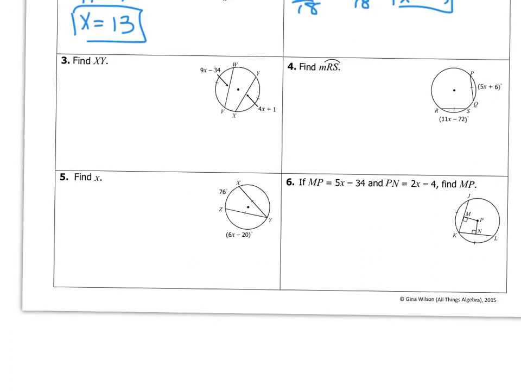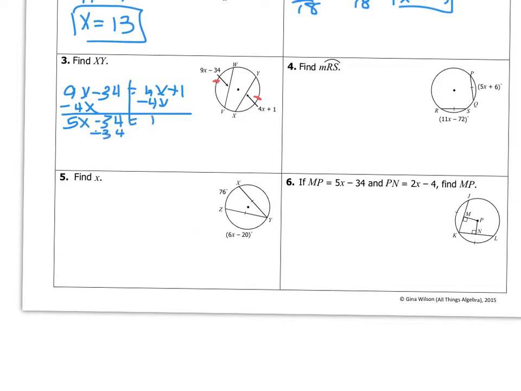So again, we're going to find xy is what it says. Before we were looking for x, so now we're going to look for xy. Once again, we have that the arcs are equal. So if the arcs are equal, the chords are equal. So we've got 9x minus 34 is equal to 4x plus 1. So subtract 4x, subtract 4x. 5x minus 34 is equal to 1.